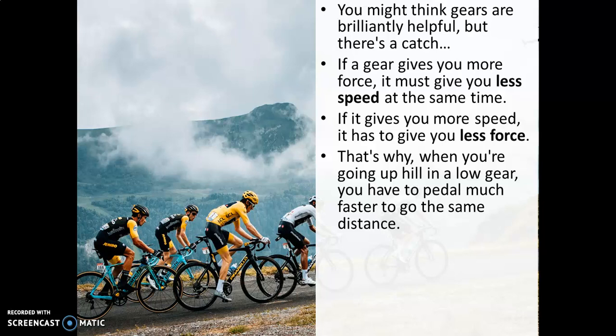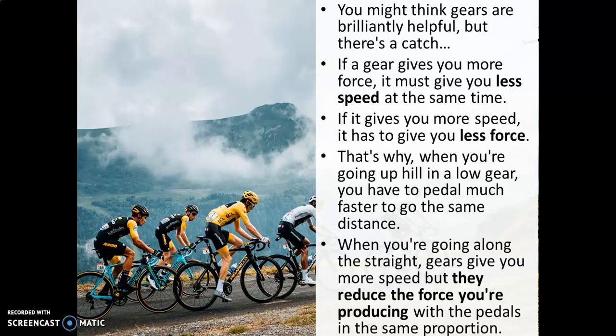That's why when you're going uphill in a low gear, whether it's on a bicycle, a motorbike, a motorcycle, or a car, but in this case, in the context of a bicycle, you have to pedal much faster to go the same distance. That is why, when you're going uphill in a low gear.